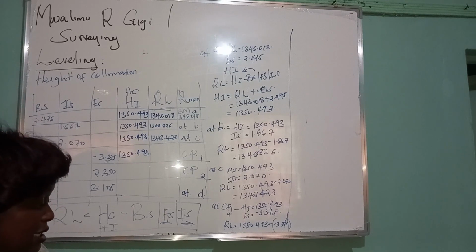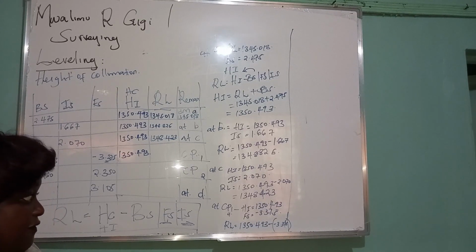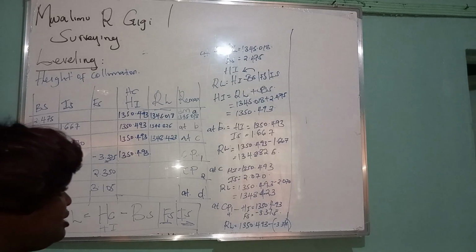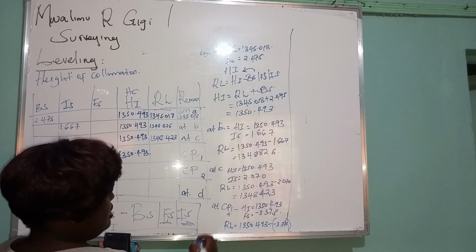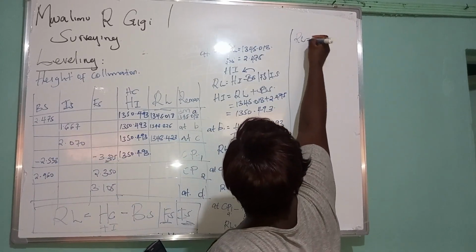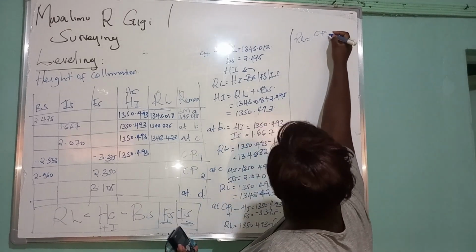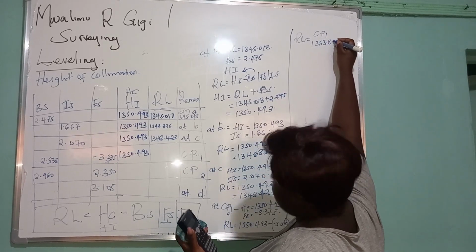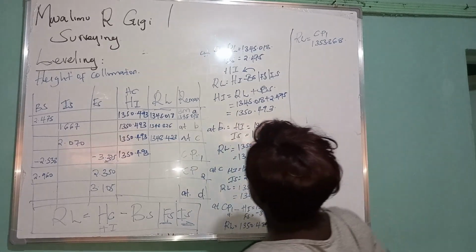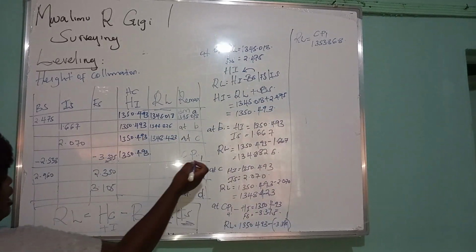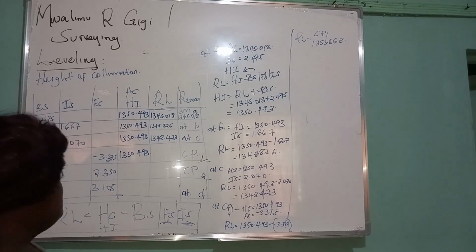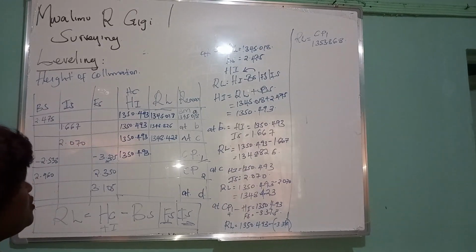So the reduced level at change point 1 is 1353.868.